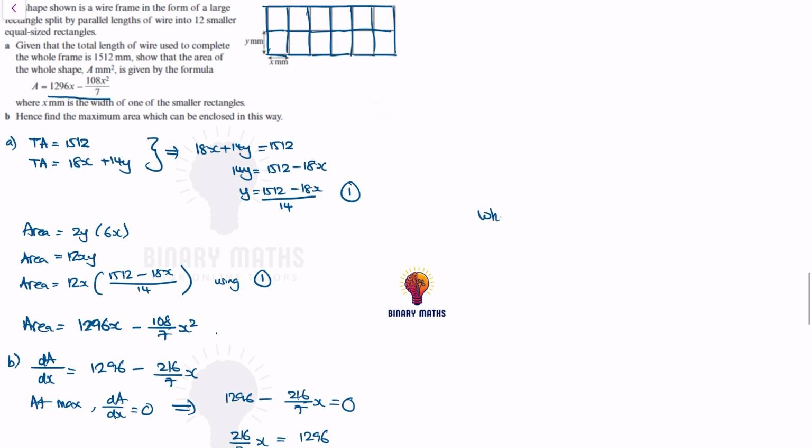Okay, so when x equals 42, A is equal to, using this one, 1296 times 42, take away 108 over 7 times 42 squared, which is equal to 27216 from my calculator, in millimeters squared.